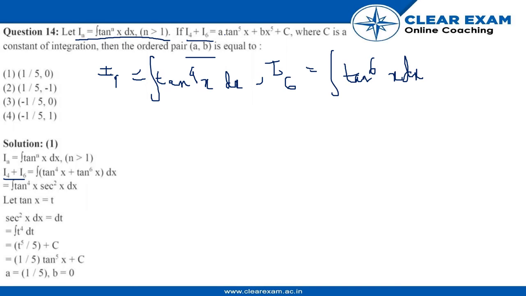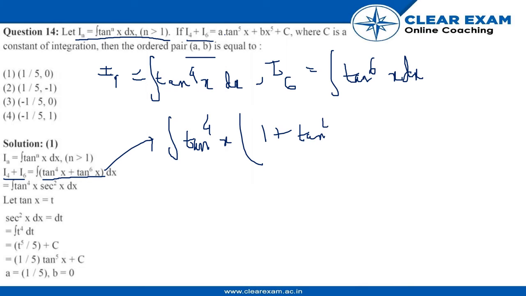Tan 4x plus tan 6x dx with an integration. In this particular equation, we can simply take tan 4x common, and in the bracket we are left with 1 plus tan square x dx, and this particular thing is sec square x, as 1 plus tan square x will be substituted as sec square x.